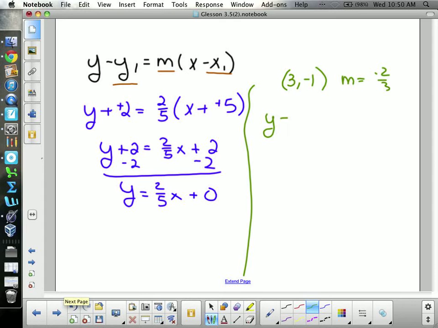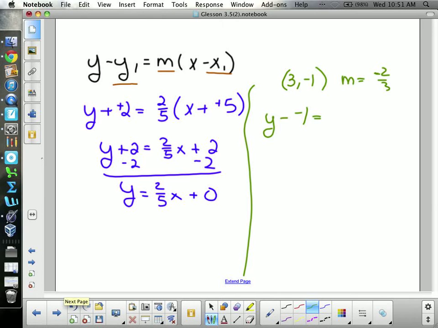Is that what y1 is? No. -1 is y1. -2/3 is the slope, which is m. Okay? You've got to know which number is what. The x1 and the y1 come from the coordinates of the point. The m comes from the slope.